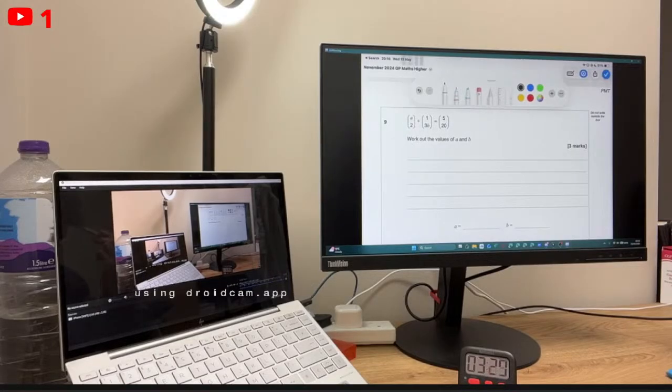Work out the values of A and B. Well, 3 times 6 equals 18, plus 2 equals 20. So that means 18 must equal B.